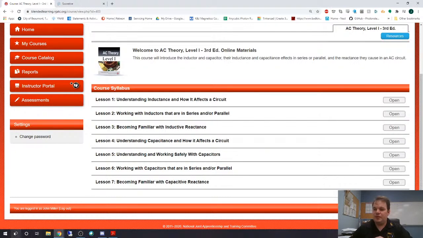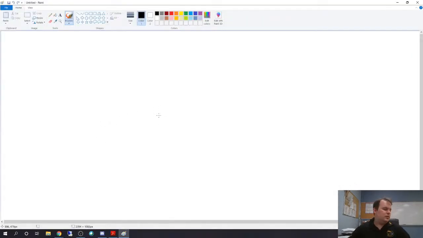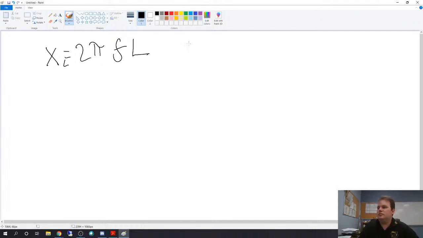Remember your formulas? Your formulas are X of L equals 2 pi F L, and L is the same.